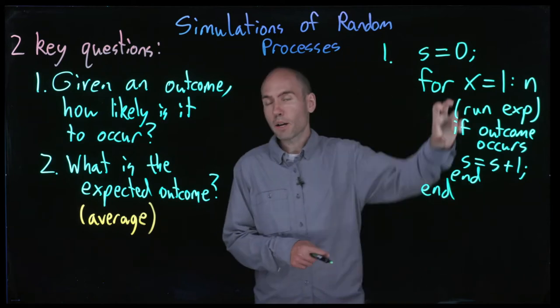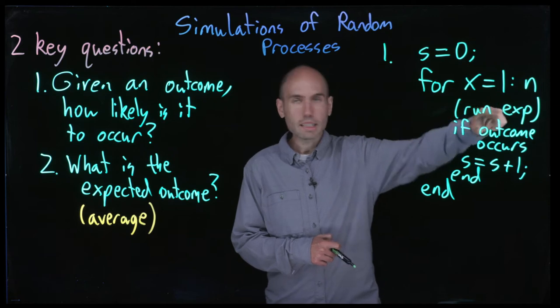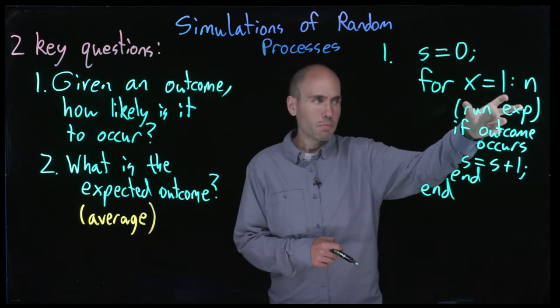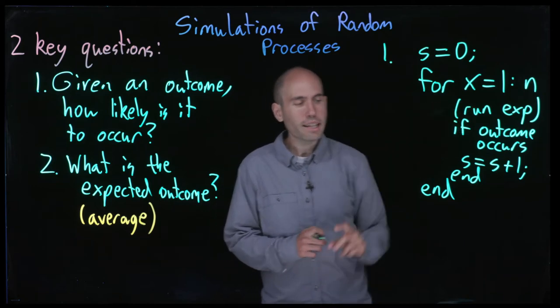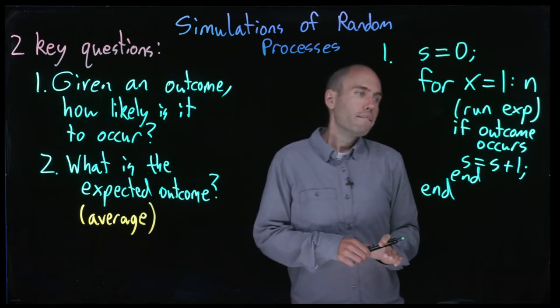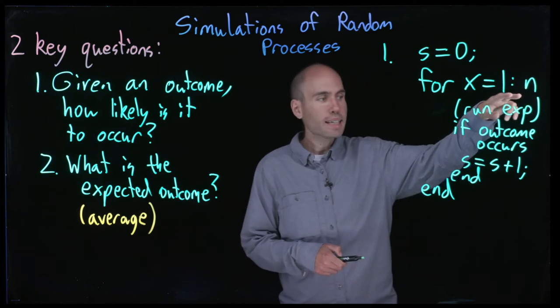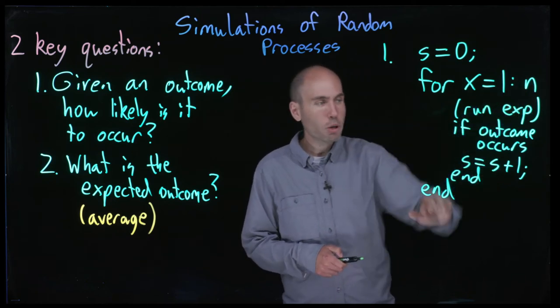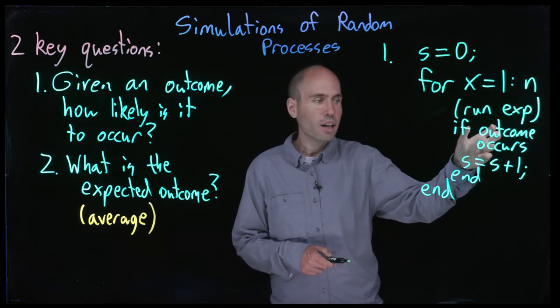So if this experiment was about dice rolls, then maybe this run experiment line would be replaced with something like choose a random integer from 1 to 6, and do that 3 times. And so then I've performed n total experiments, and s at the end of this process is going to say how often the outcome I was interested in occurred.